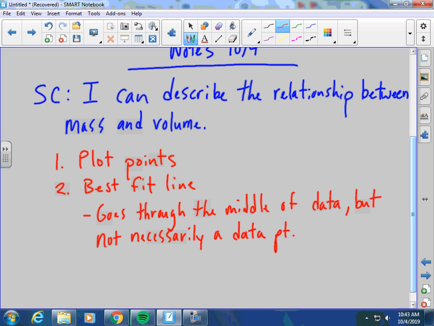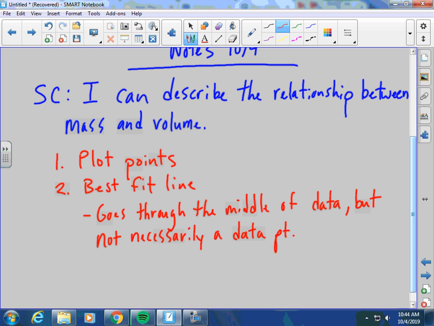Okay? That was something I identified last hour. Students were confused because when they were trying to make their best fit line go through the middle of their data, they're like, but it doesn't hit one of our points. It doesn't have to hit one of your points. It can hit one of your points, but it doesn't have to. Okay?